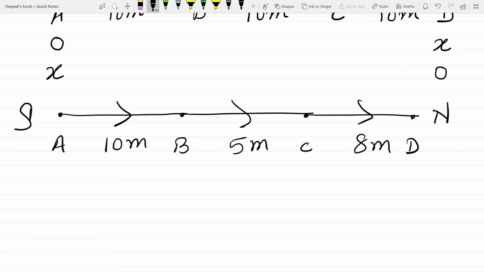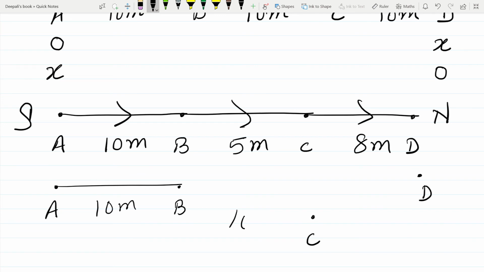The second case is from A to B to C to D. Ten meters, 10 meters, 10 meters is the distance.